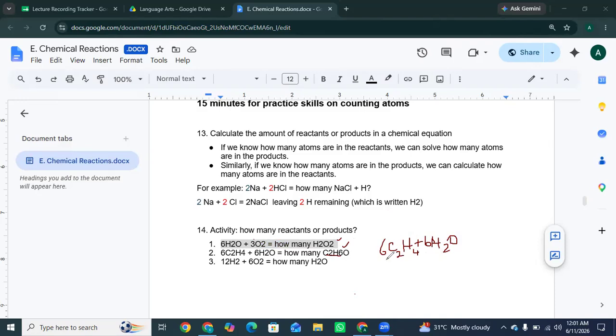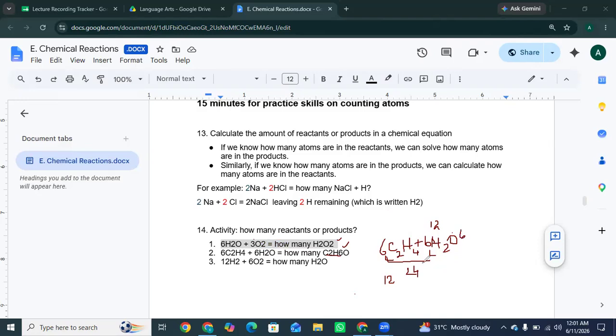Carbon is 12. How? Because the coefficient is 6 and the small number is 2, so we simply multiply it. And also hydrogen, H4. We simply multiply this with this: 6 into 4, 24 hydrogen. And also this 6H2, which is 12. And how many oxygen atoms? 6.